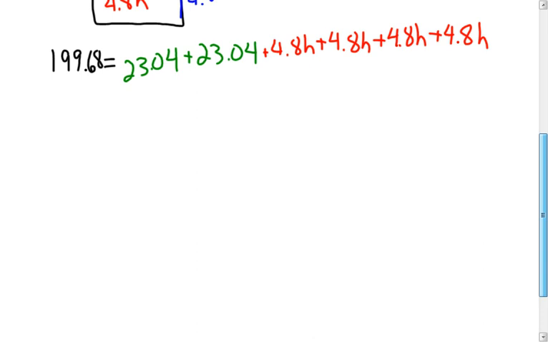The first thing I'm going to do is subtract the green 23.04, 2 of them. So really I'm going to subtract 46.08 from both sides.